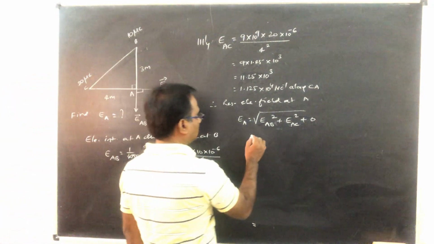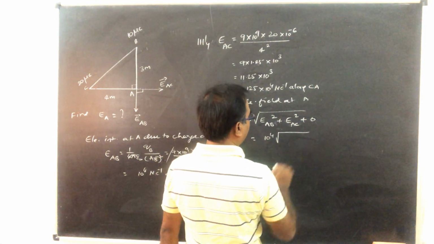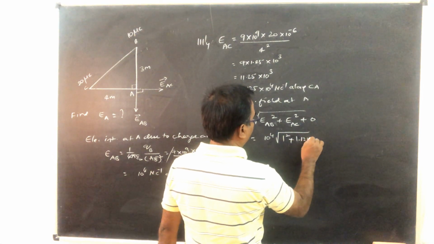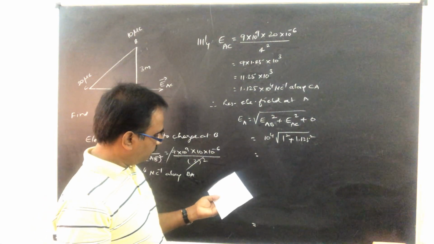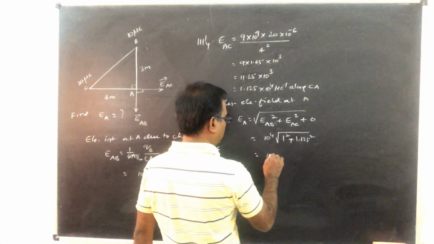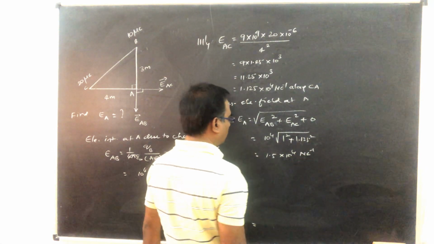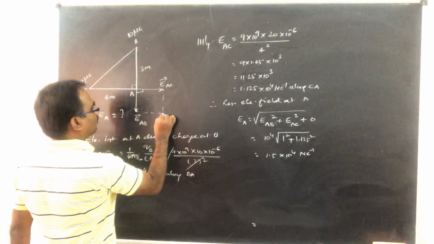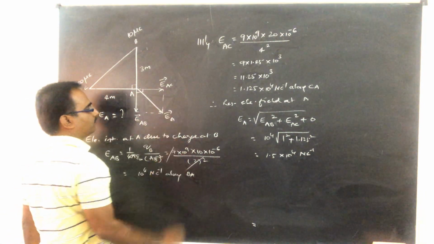Now you do this calculation, this 10 to the power of 4 can be taken out. So 1 square plus 1.125 whole square. If you find this value, you will get 1.5 into 10 to the power of 4 Newton per Coulomb. So this is the resultant field EA.